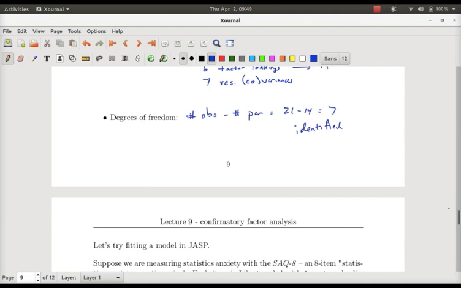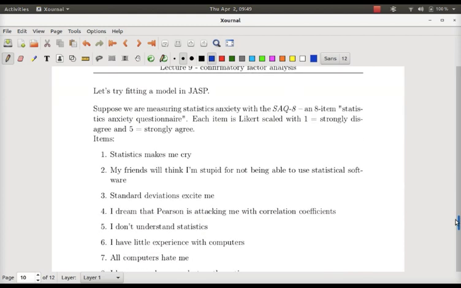That gets us accustomed to the language that we use, but I want to talk now about actually fitting this model in JASP. So what I'm going to do is introduce the example that we did last time, and I'm actually going to switch over to my other laptop to finish out the recording so that I can use JASP. So if the video looks a little different here in a few minutes, that's the reason why.